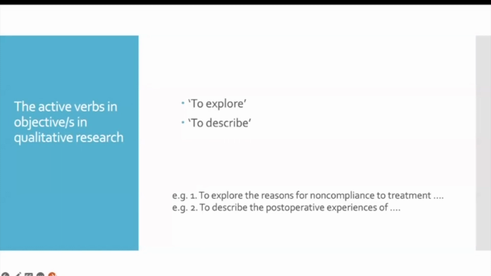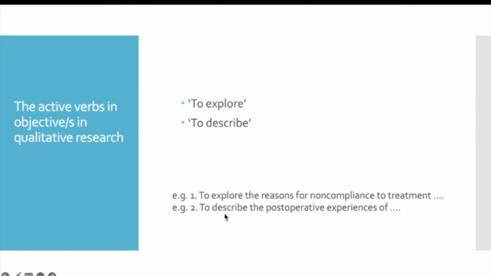Then you step on to the objective. When you formulate objectives, I'm sure you have got lessons on formulating objectives. When you form objectives in qualitative studies, you use the active verbs to explore or to describe, right? Not as in quantitative research, not to determine the association, but to explore and describe.